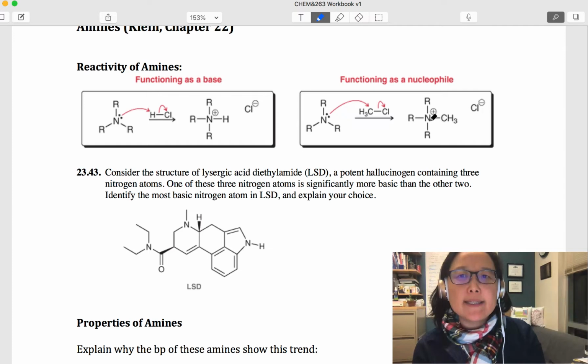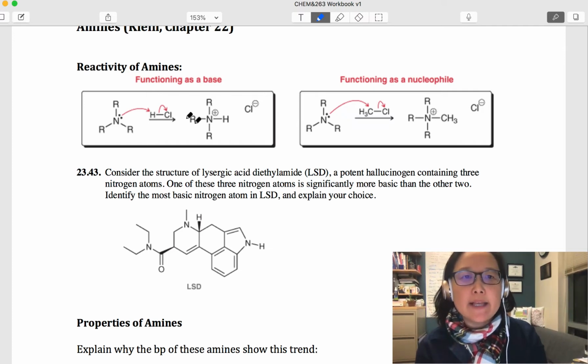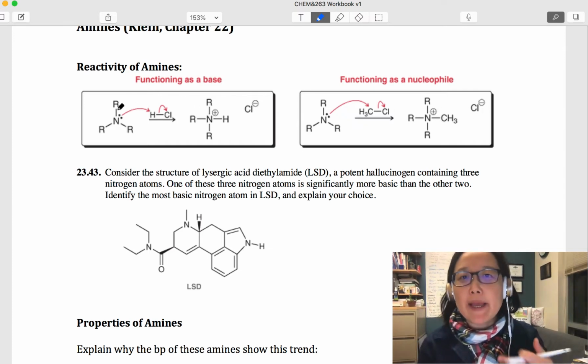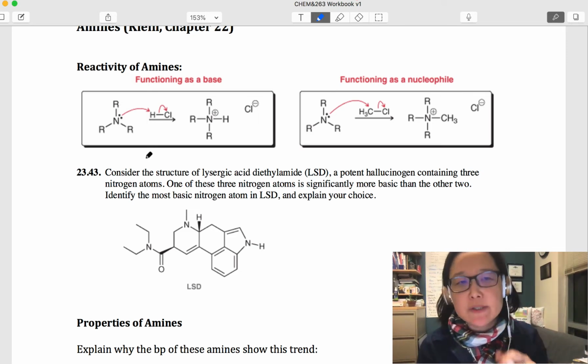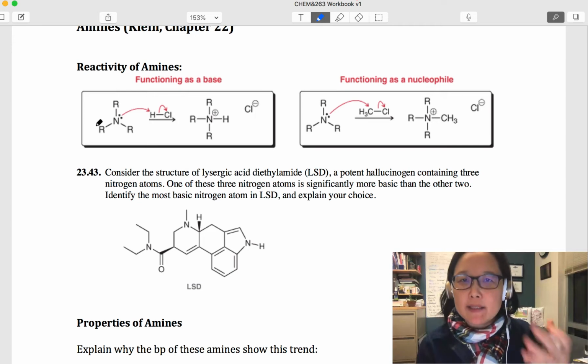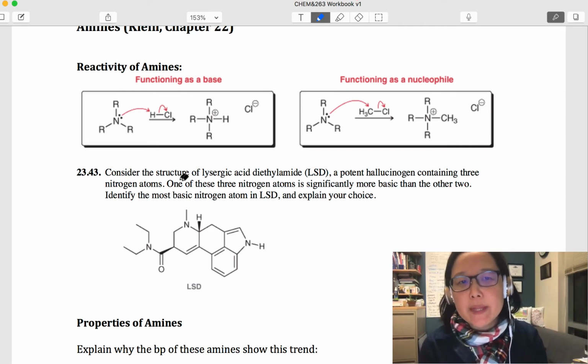And then as you deprotonate, you can get it back into its basic form, or pH changes, like in your tissues, release it back into its free base form.